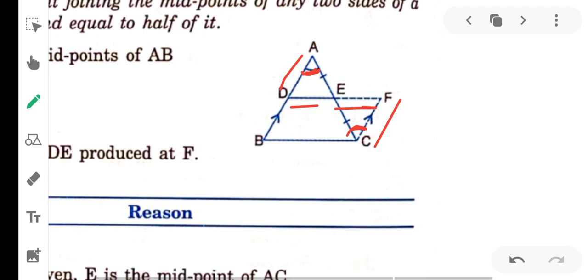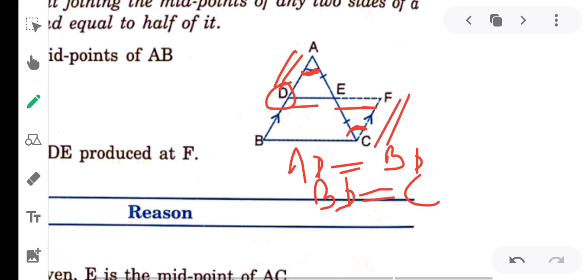Now D is the midpoint of AB, that means AD equals BD also. If AD equals CF, then we can write BD equals CF.